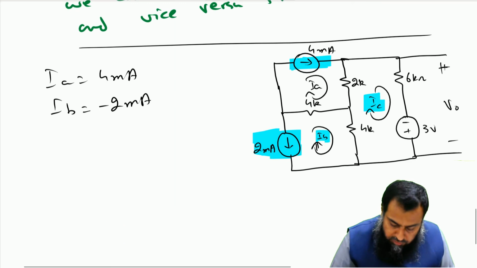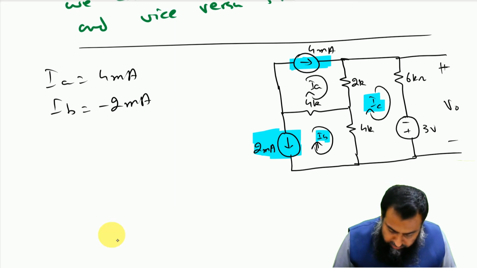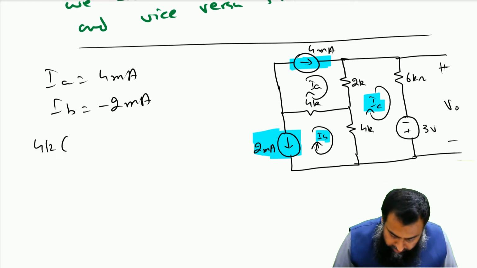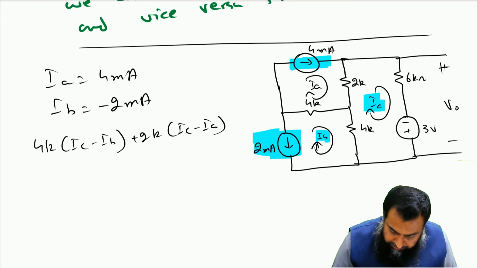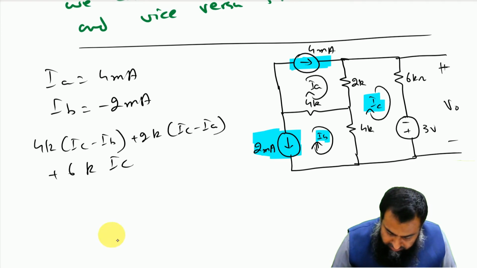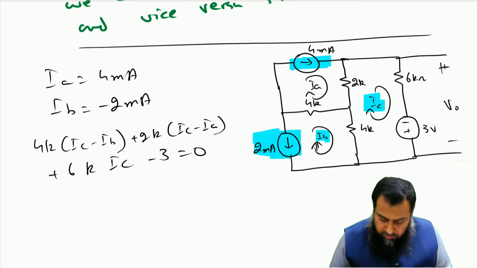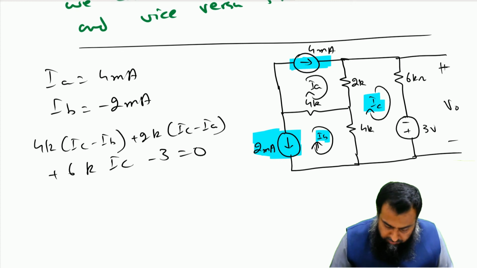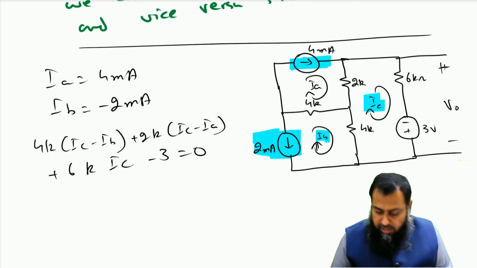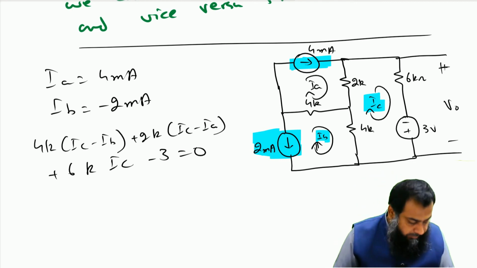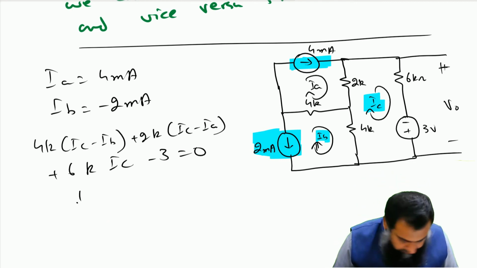Writing down the equation for IC: 4k into (IC minus IB) plus 2k into (IC minus IA) plus 6k into IC minus 3 is equal to 0, right? So we have now only one equation left. We can plug in the values of IA and IB here, and thereafter we know the value of IC.